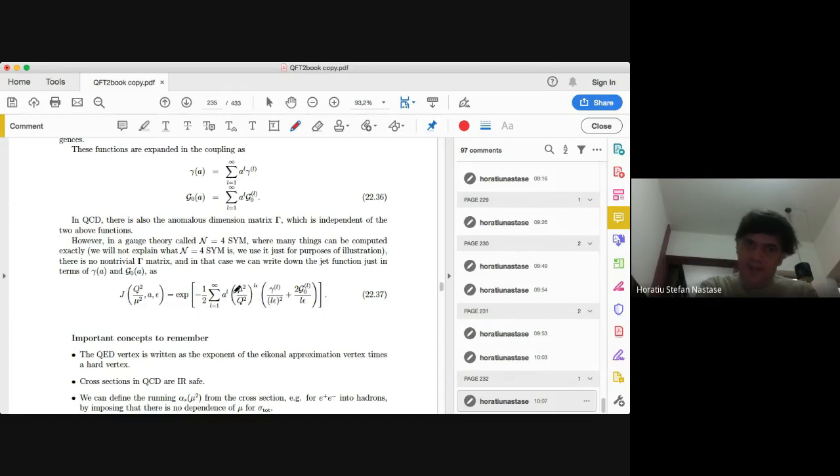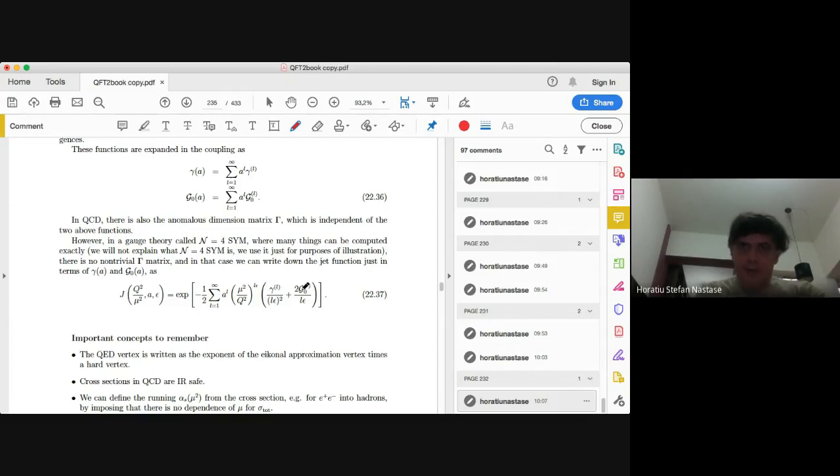I have dependence on mu squared over q squared, and I also have dependence on the cusp and collinear anomalous dimensions, specifically in these coefficients, gamma L and G0L.